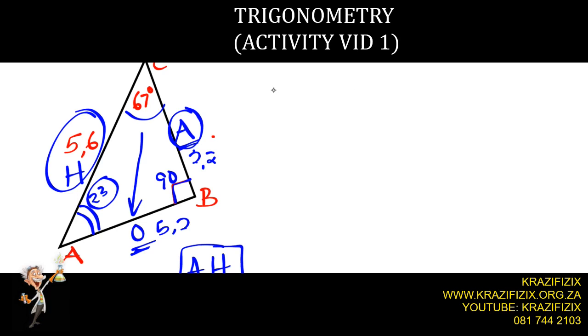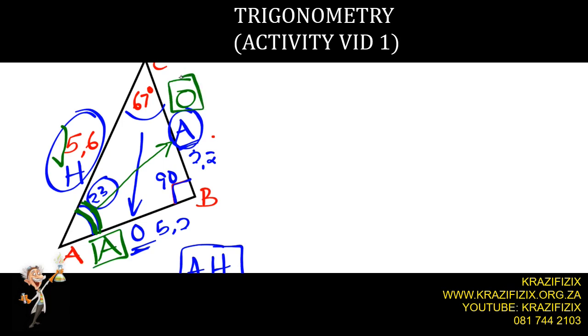To make it a bit neater, I am going to use a green marker now just to create a difference. My focus is on this angle. Please watch this. Since I'm focusing on this angle, my opposite side is now that opposite to the angle I am focusing on, right? Good. My hypotenuse remains the same. I'm using the green marker, and this side becomes my what? Adjacent.